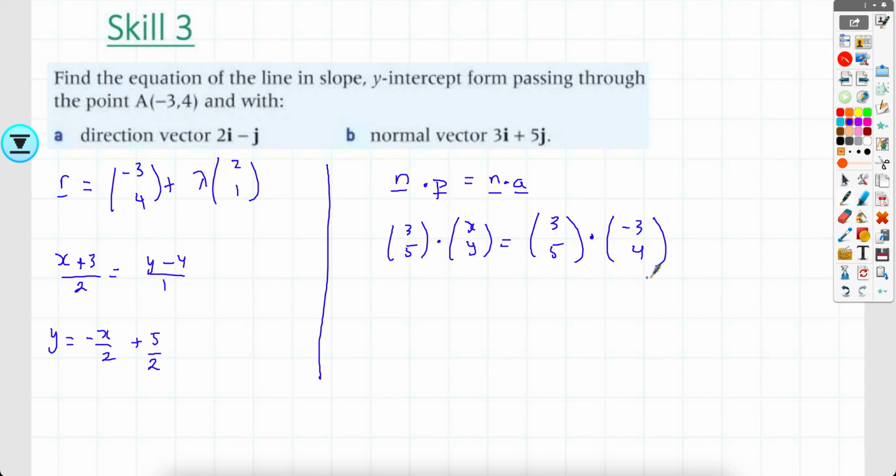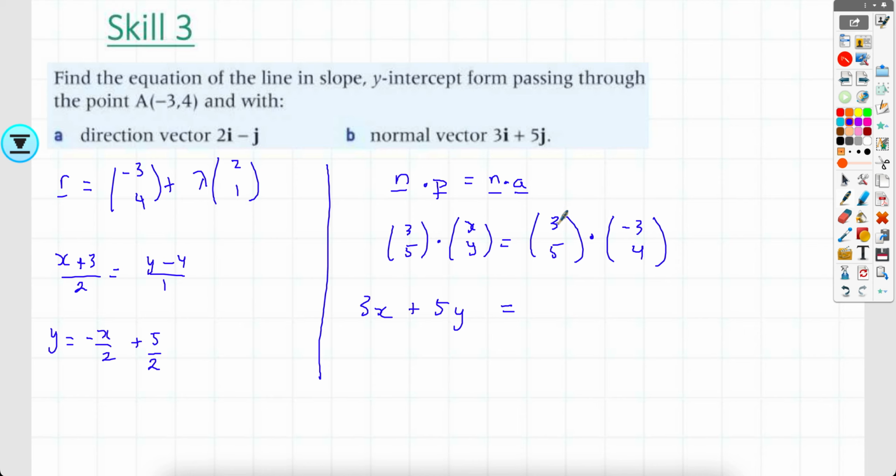Sometimes we leave it as this if you're given, and if they're asking for it in the normal form with the vector. But we need to get it into gradient intercept form, so we need to actually solve this. What you're going to do is take the scalar product here, which is, remember, you multiply component by component, so 3x and then plus 5y.